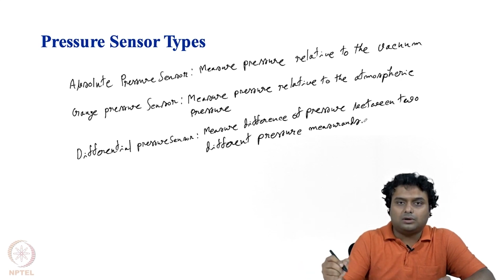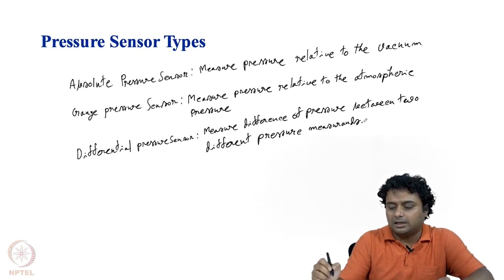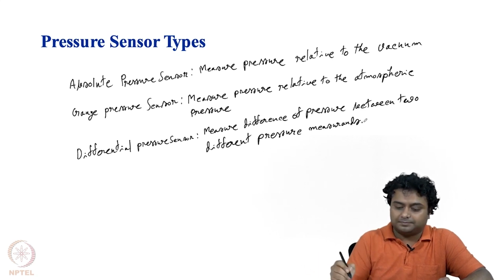Let us say you have an application with two chambers and you have to measure the pressure difference between them. In that case we can use a differential pressure sensor, and an example is high pressure oxidation chambers or things like that.